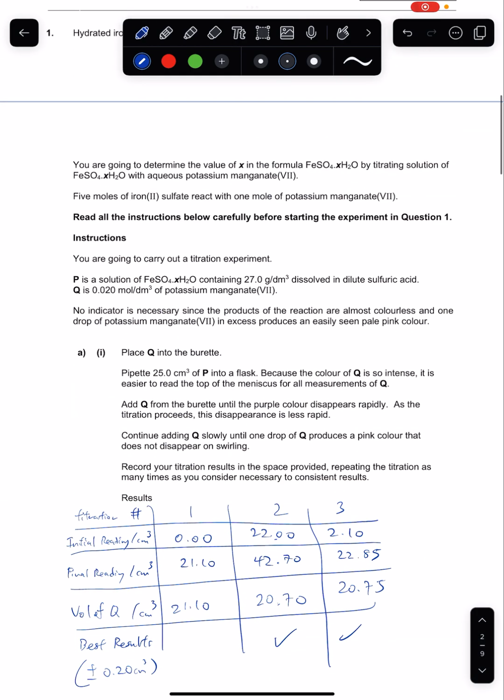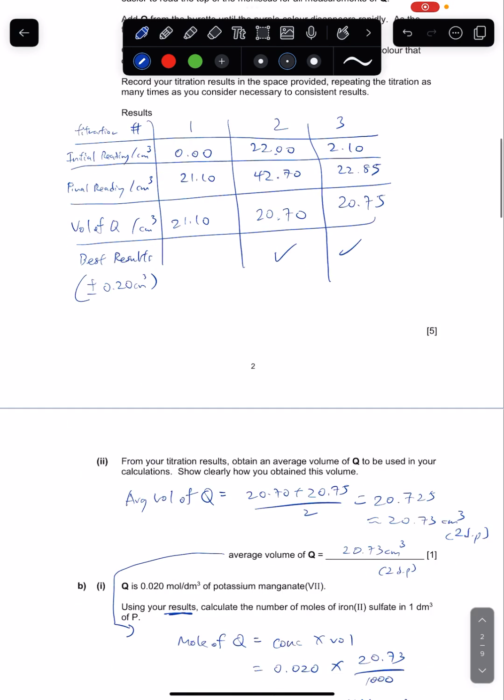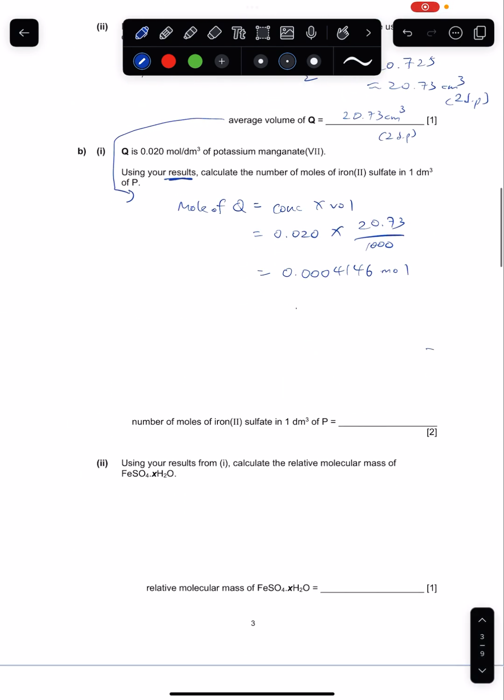Oh, here 1 potassium manganate react with 5 iron 2 sulfate. So mole of KMnO4, which is your potassium manganate. Don't worry about the formula. You can write potassium manganate, no issue. Okay, you know what? I'm gonna write it out, not to confuse you.